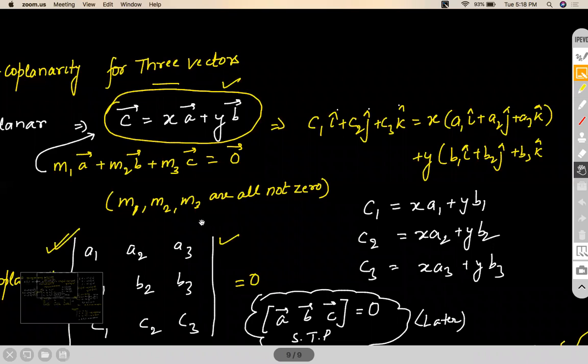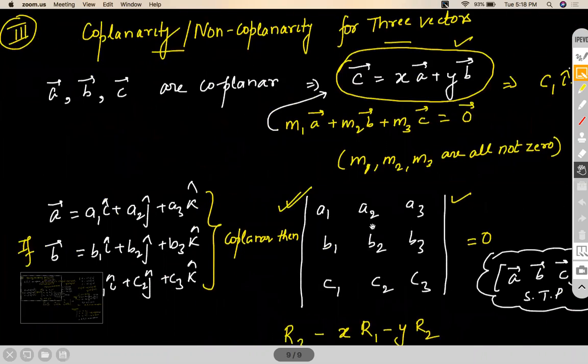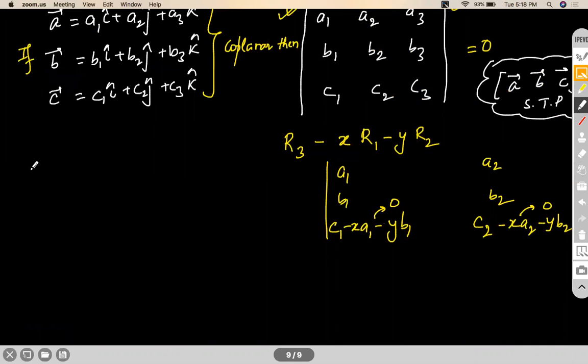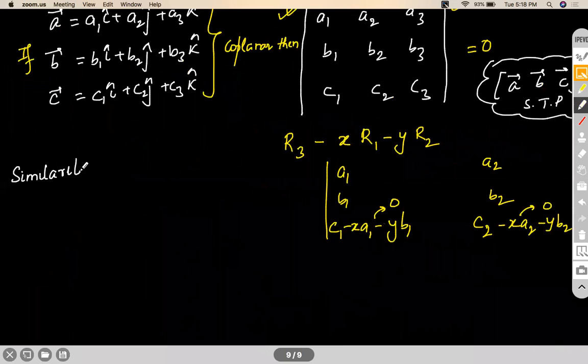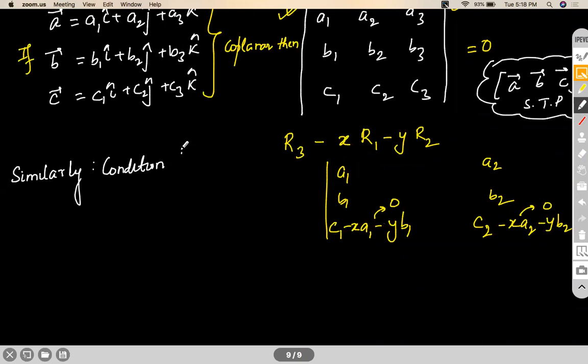So now, without much waste of time, similarly figure out the conditions for non-coplanarity.